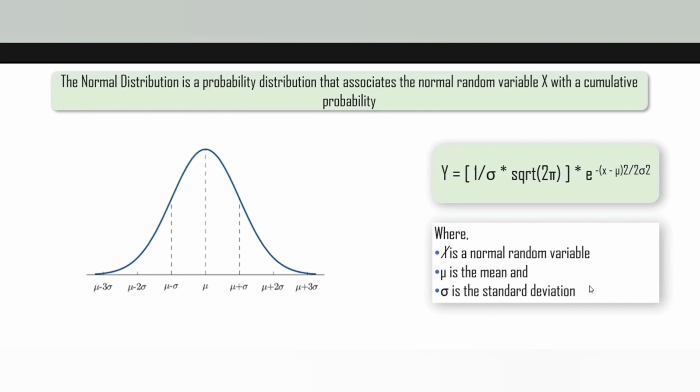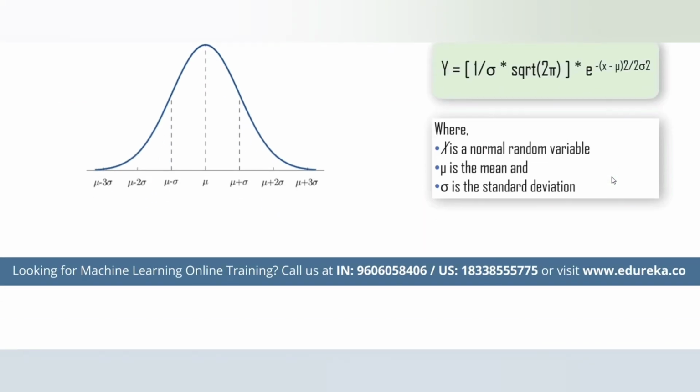I will discuss this in statistics, so don't worry about that, but this is the formula for the normal distribution. Mu is the mean and sigma is the standard deviation. This is the formula to calculate the normal distribution. You can write it down, and we will discuss mu and sigma in the next statistics video.